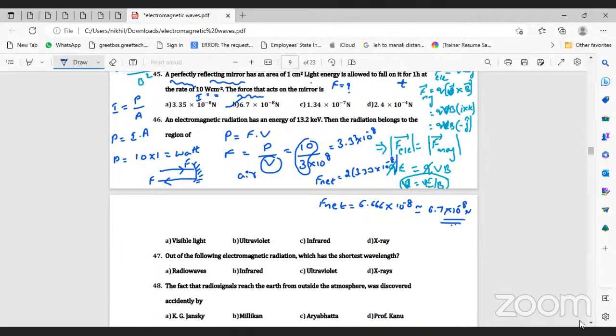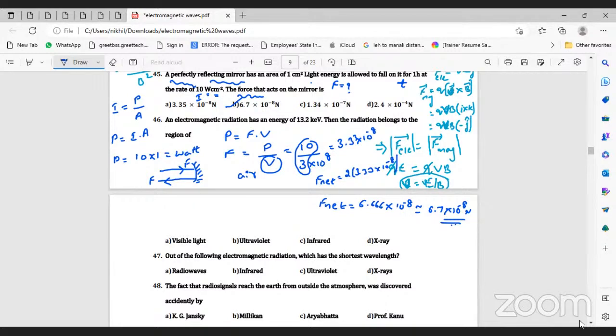So the only thing you must know, students, is the definition. Intensity is power divided by area. Power is intensity into area, which is 10 watts. But you know that power is force into velocity, so force is equal to power divided by velocity. Power is 10, velocity is 3 into 10 power 8. So 10 by 3 is 3.33 into 10 power minus 8.